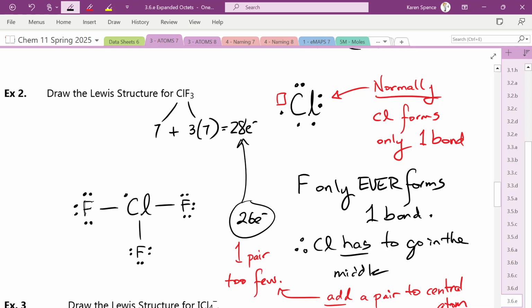I'm going to draw a pair over here and a pair over here. Although, if you had wanted to, you could have a pair here and the other pair down there, that would be okay, as long as it's obvious that they are on the chlorine. Is that good? How about you guys try ICl4 minus?